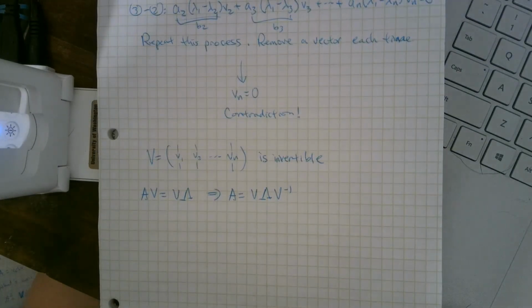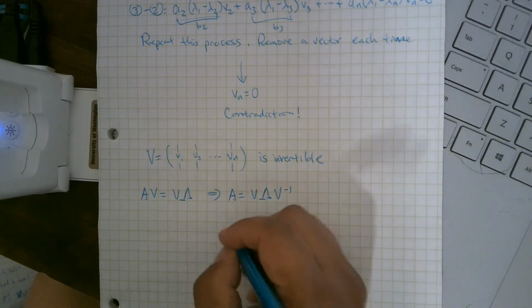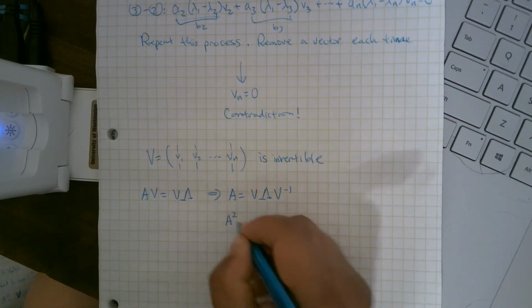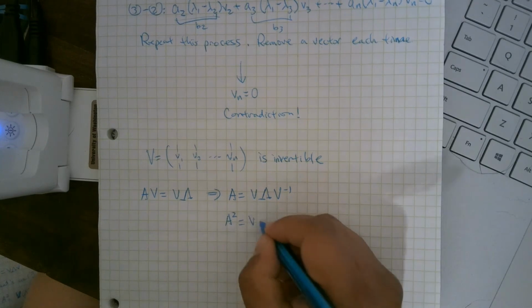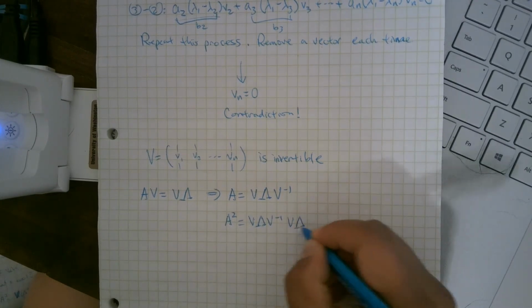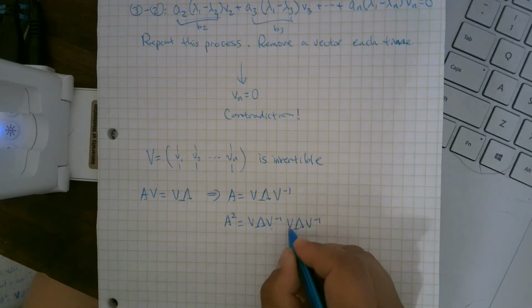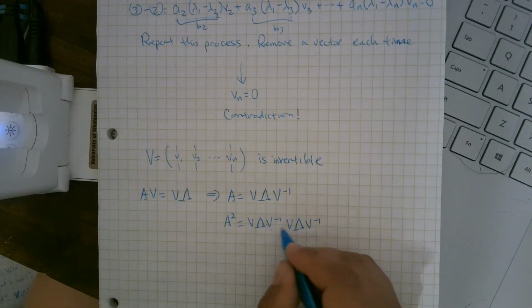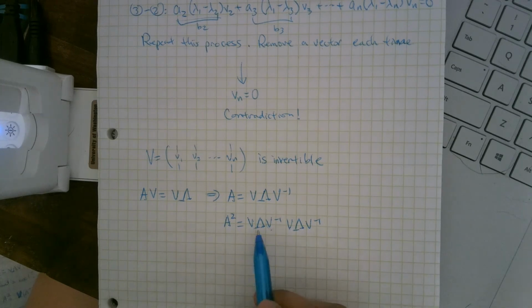Why is this cool? Well, we were looking at powers of A. Let's look at A squared. Well, now this is V times lambda times V inverse times another V times lambda times V inverse. And V inverse times V is the identity matrix, so that collapses. Big lambda times the identity is just big lambda.